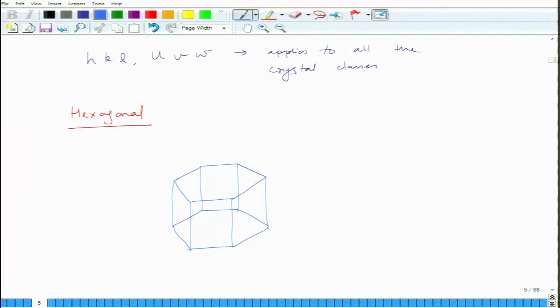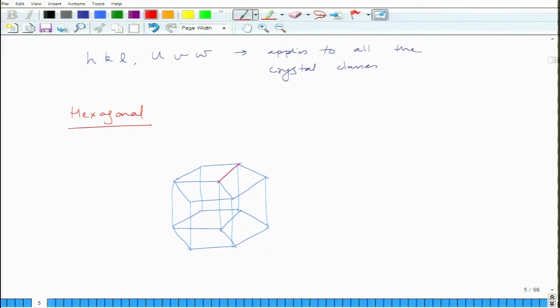This is my hexagonal system, and this is the first one, this is the second one, this is the third one. Now, the hexagonal system can be represented not only by this individual unit cell which is here.